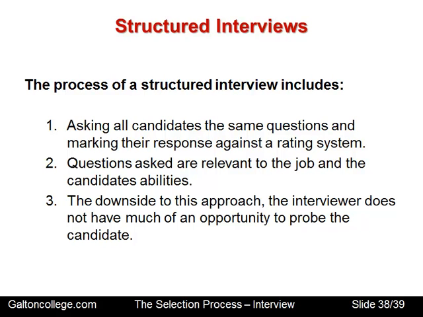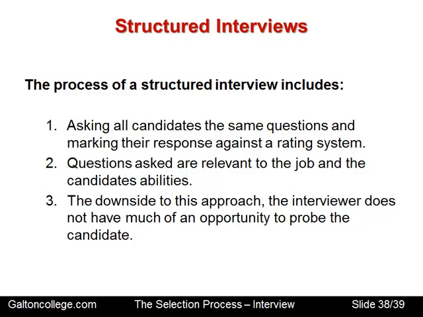The downside is that the interviewer is constrained. The interviewer doesn't have much time to probe the candidate, to ask any questions around the questions that have to be posed. So there's very little opportunity for the candidate to explain their answers. Their answers are taken and we move on to the next question.